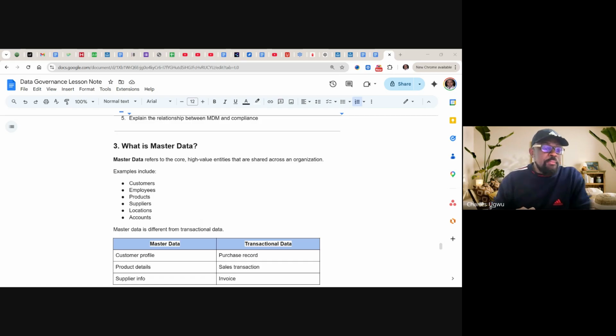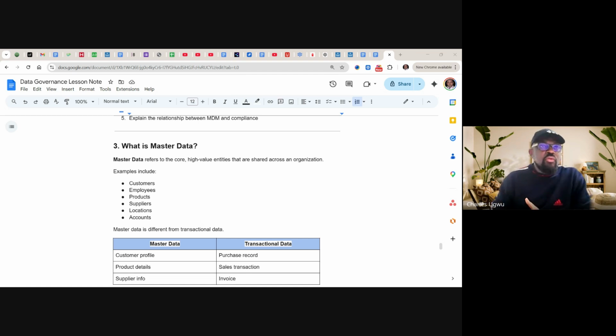We have employee data. Every organization has clients. Your client is your customer. Every organization has employees. Every organization has products or services.